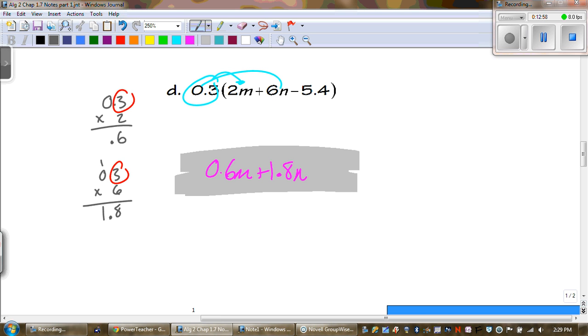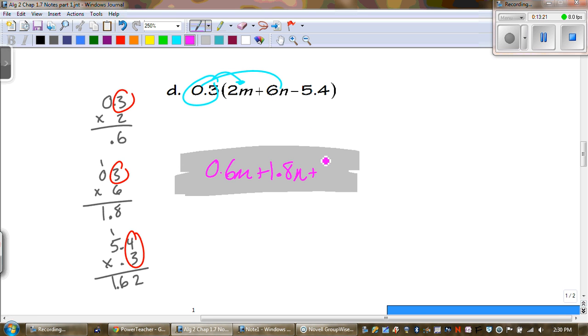And then the last thing that we've got is 5.4 times 0.3. It doesn't matter what goes on top or what goes on bottom. 3 times 4 is 12. Carry the 1. 3 times 5 is 15. Plus 1 is 16. There are two numbers behind the decimal, and that's where 1.62 comes from.